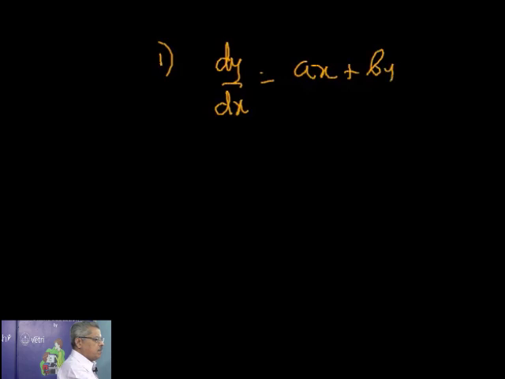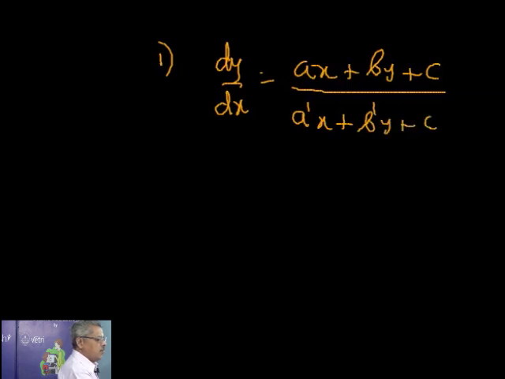Number one, dy by dx is equal to (ax plus by plus c) divided by (a dash x plus b dash y plus c dash), where a by a dash is equal to b by b dash.